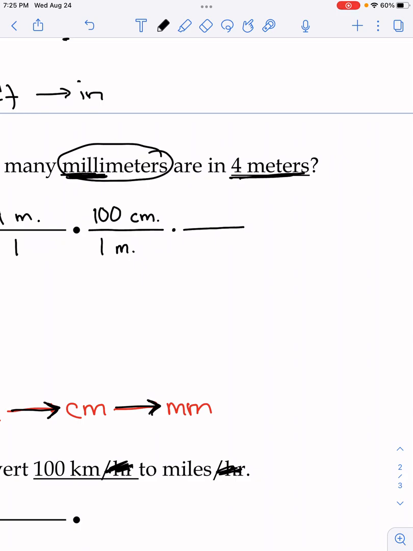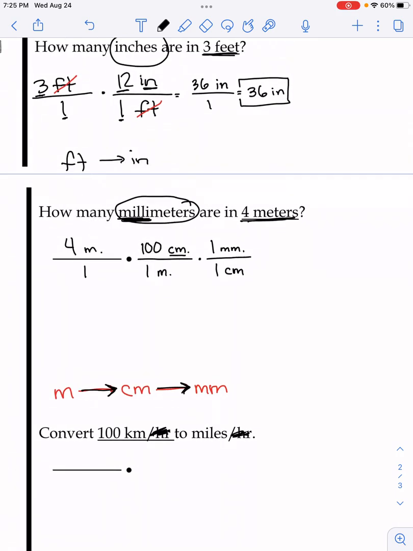Let's start with that 1 centimeter. Since I know it's right here, I'm going to put 1 centimeter down here. This is the width of a penny versus 1 millimeter is the depth, if we were to lay it down, of that penny. Now what happens here? These are the 3 different units that we set up fractions for.